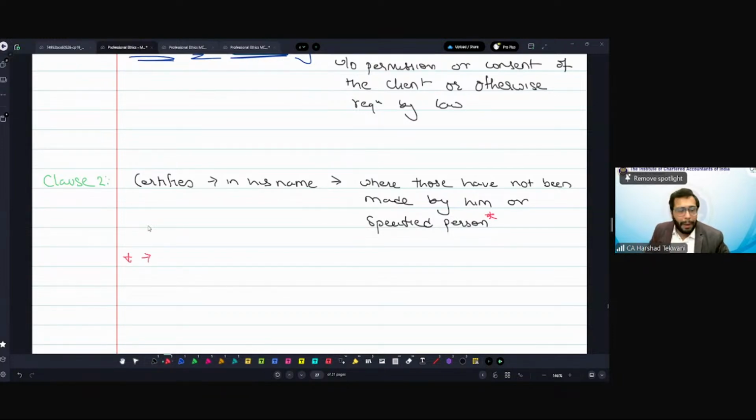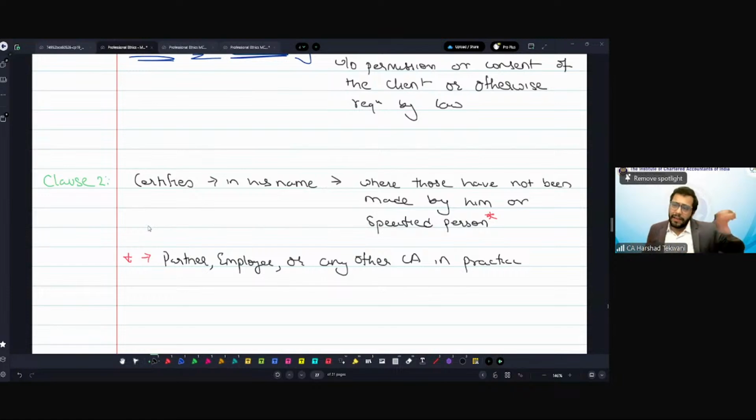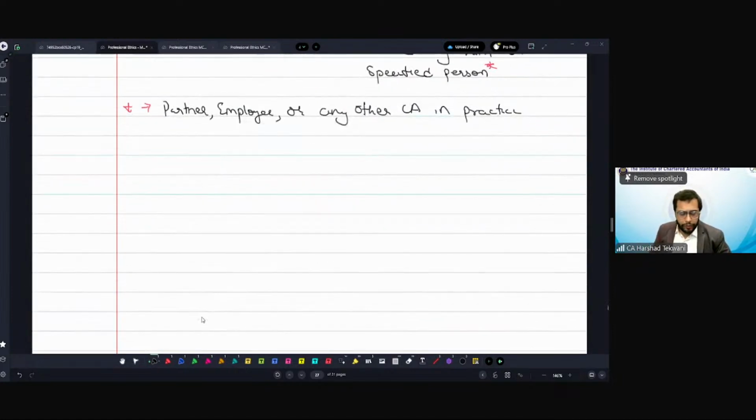They are a partner of the member in practice, an employee of that member in practice, or any other CA in practice. In that case, it is fine. Otherwise, it is not fine. Then, clause 3.